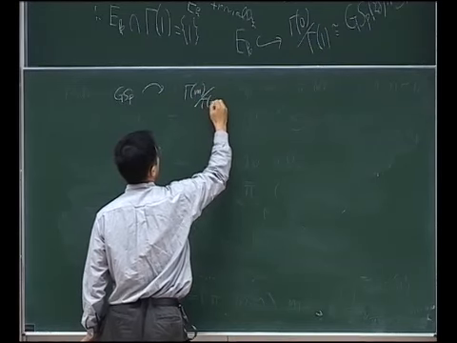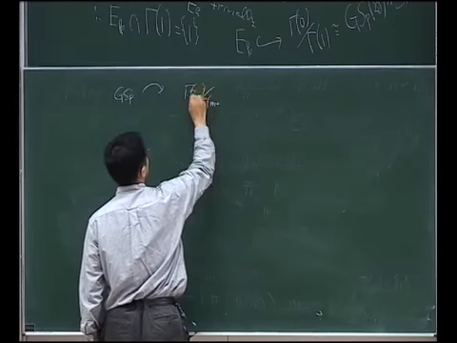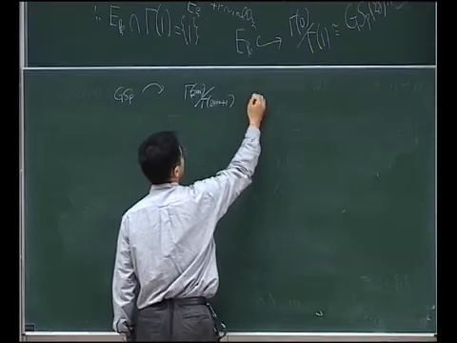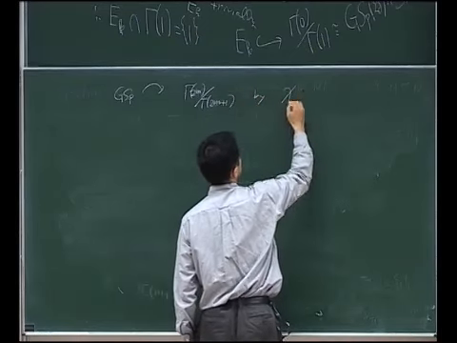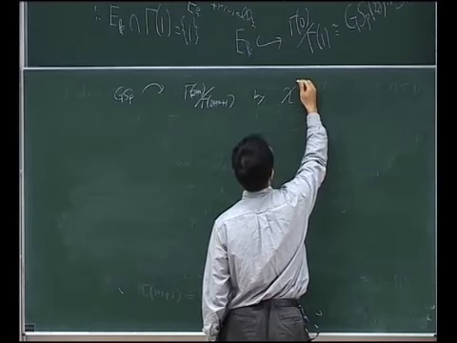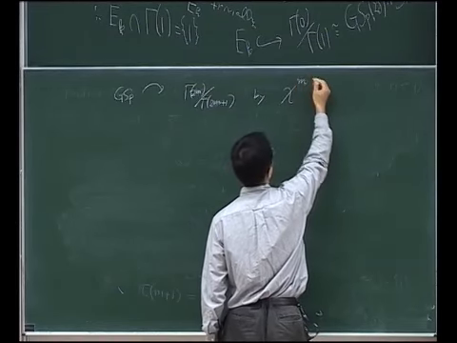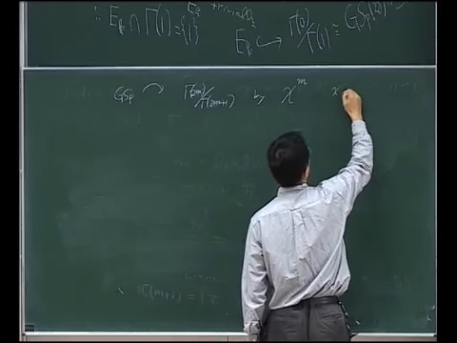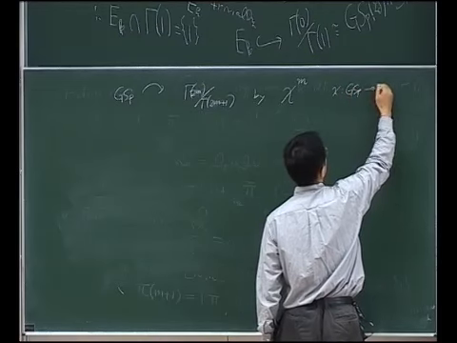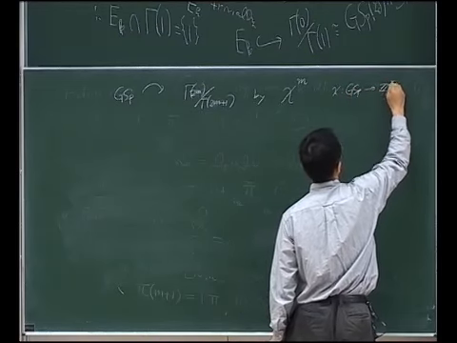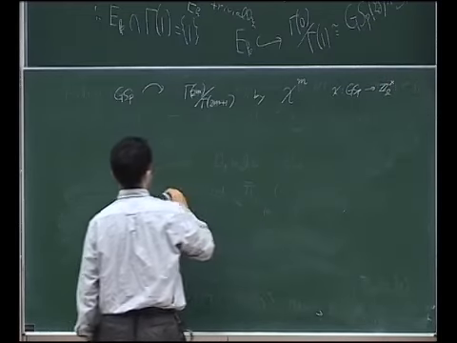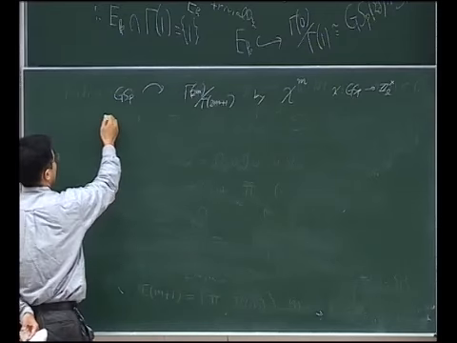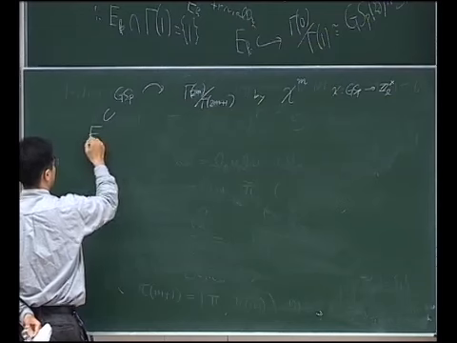So the GSp action on Γ_m over Γ_{m+2m} over 2m plus 1 is by the similitude character χ of m. Here χ is the similitude character.